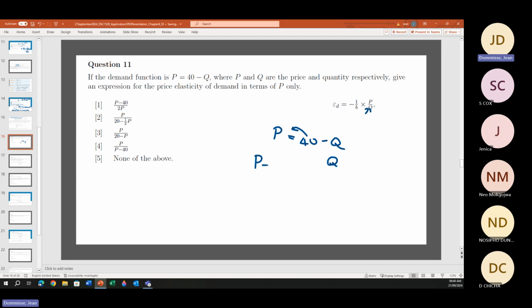So P minus 40 is equal to minus Q. Then I want to get rid of a minus. So on this side, it's actually 40 minus P is equal to Q. And then let's put that back into the formula.